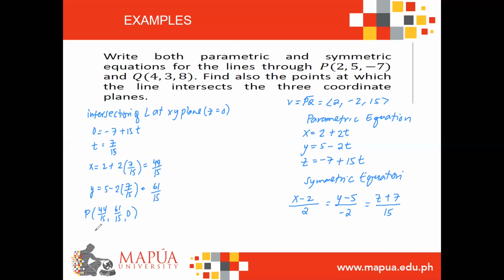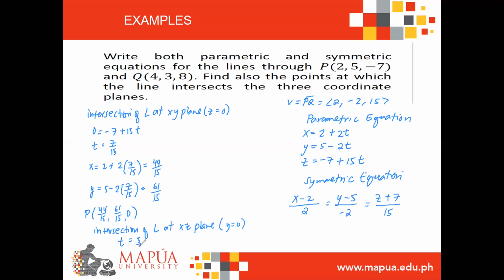Next, let us get the intersection of line L in the xz plane. So with that, we're going to set y equals 0. Solving for t here, t would be equal to 5 over 2.